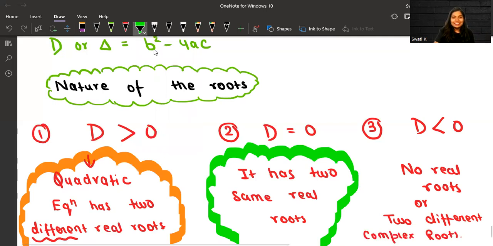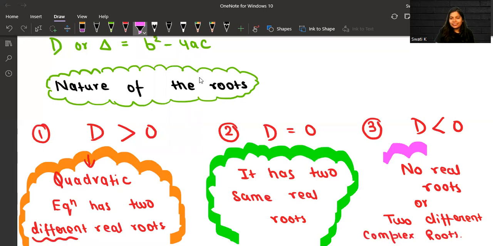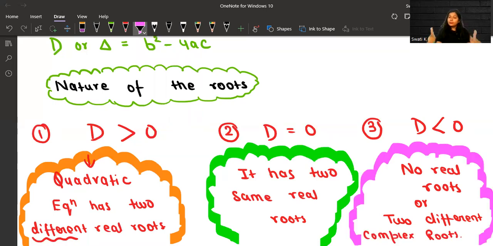And this one is when the discriminant is negative or less than 0. Remember, do not get confused between discriminant and determinant. These are two different words, two different topics. I have seen a lot of students getting confused between these two words. This is discriminant.